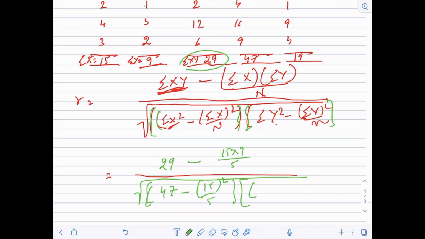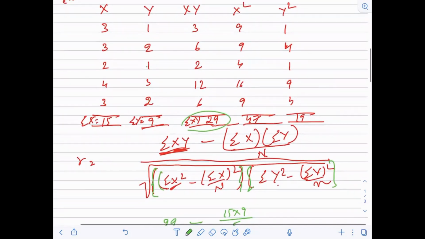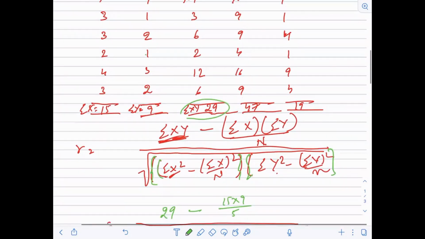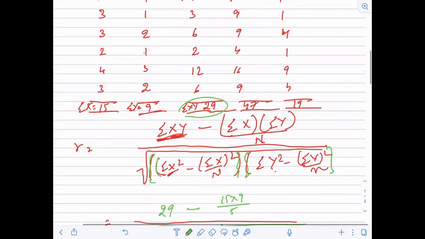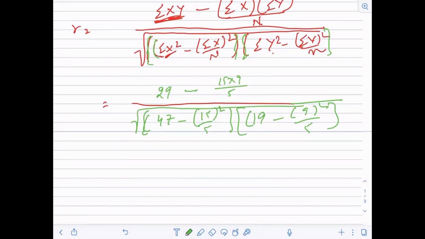Sigma y square is 19, sorry, I made a mistake here. Sigma y square is 19 and sigma y is 9, squared, divided by 5. You can calculate and tell me the answer. Can you do this?